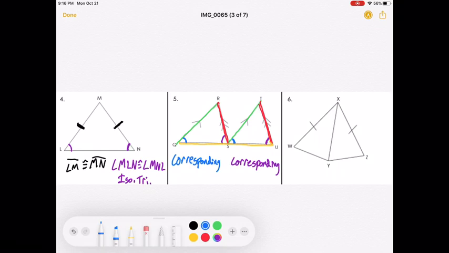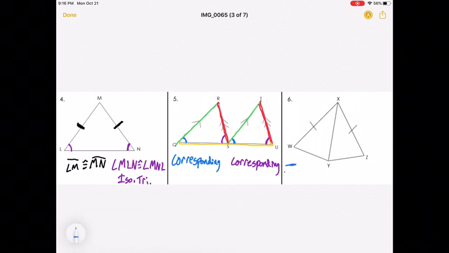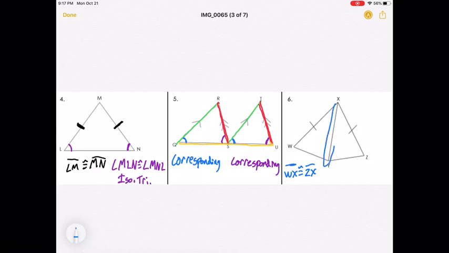Okay, and going on to number 6. So obviously those sides are marked. So line WX is congruent to line ZX. Another thing you could mark is the center.